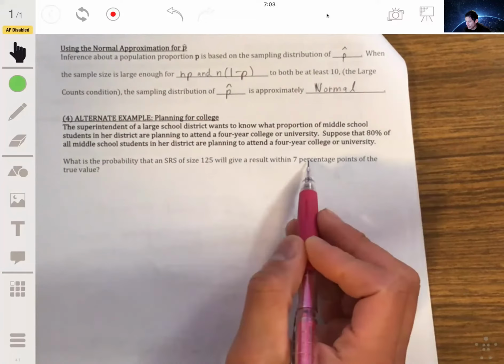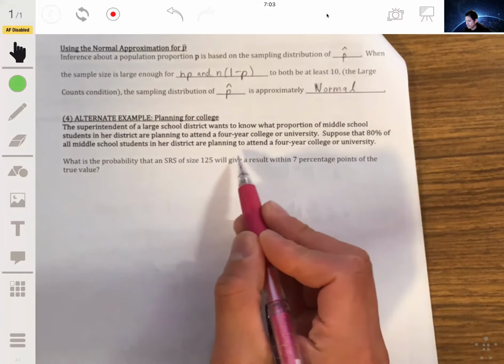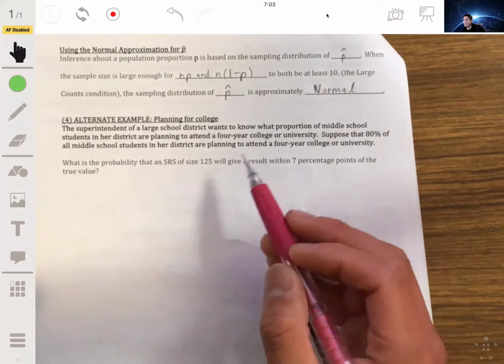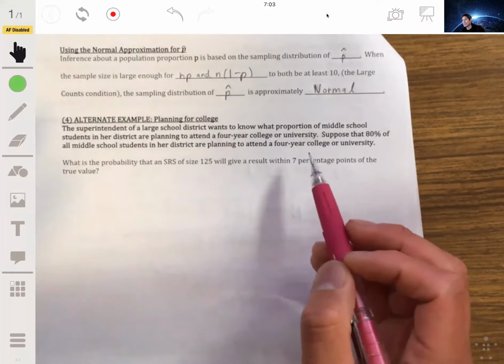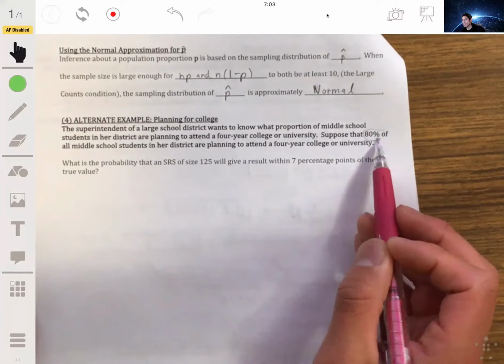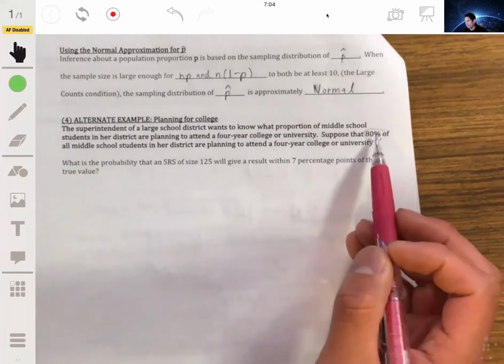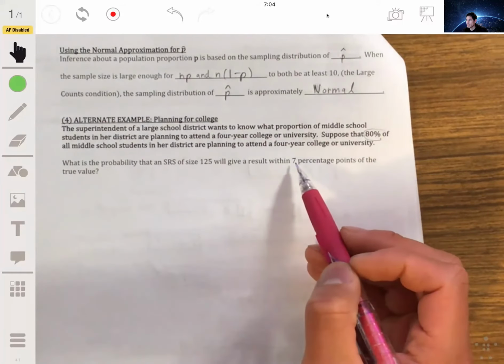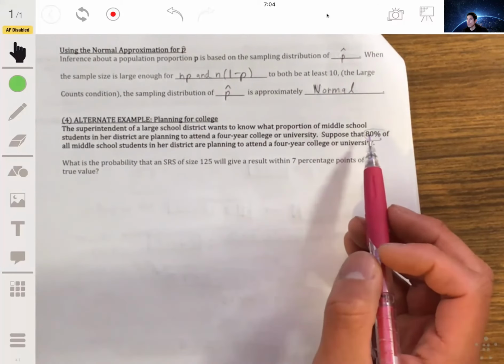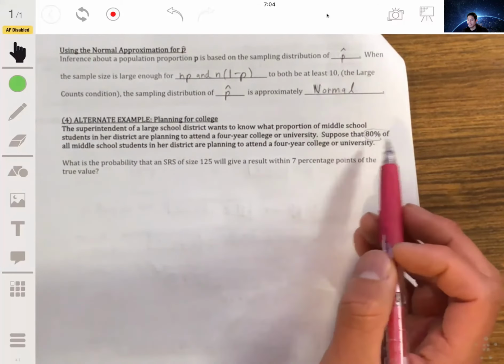So if we want to find this probability within 7 percentage points, let's look at what that would be in terms of 80%. We're basically trying to find, what are the chances that we'll get a sample proportion of about 73% to 87%?